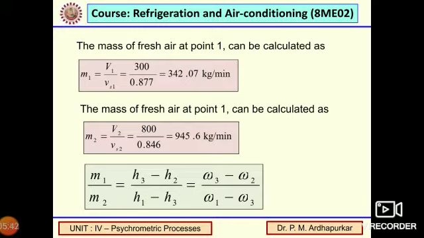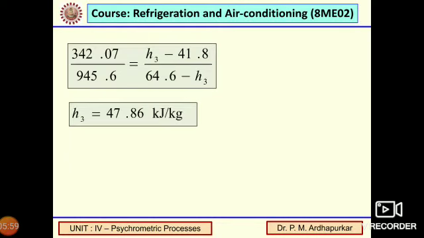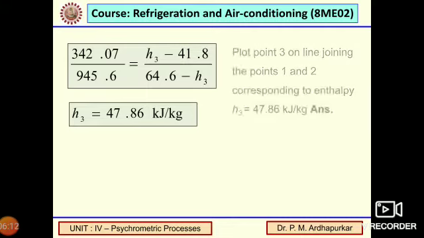Or otherwise, calculate W3, that is specific humidity, from this equation and locate point 3 on a line joining 1 and 2. Once you locate point 3 on the line, you can obtain the other parameters. So this H3 is calculated here by putting the values of H1 and H2 and mass flow rates for both the streams. It comes out 47.86 kilojoule per kg.